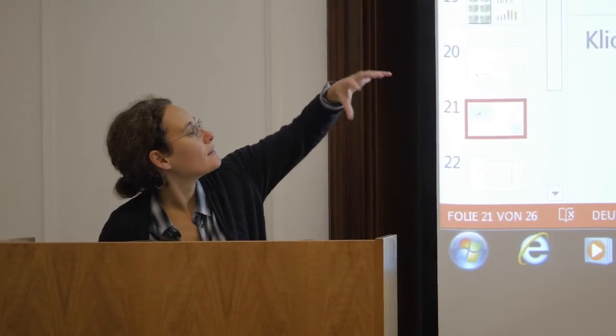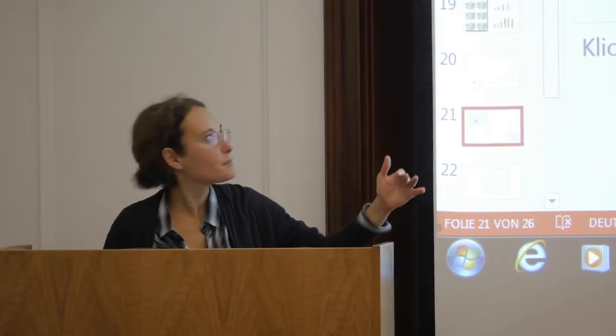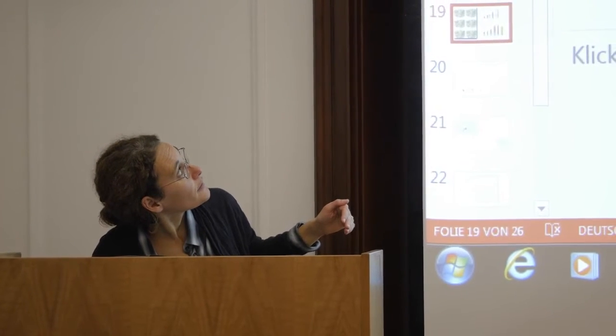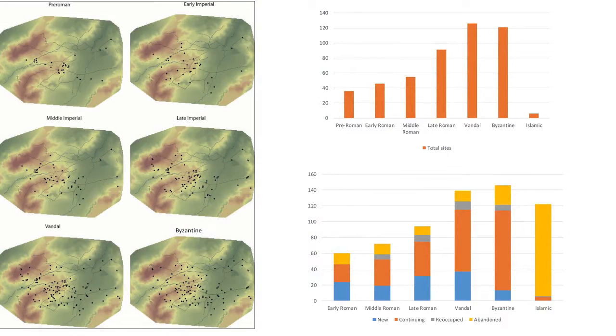For example, you have phase maps like here. Phase maps for every chronological time slice, so each figure depicts contemporary settlements.